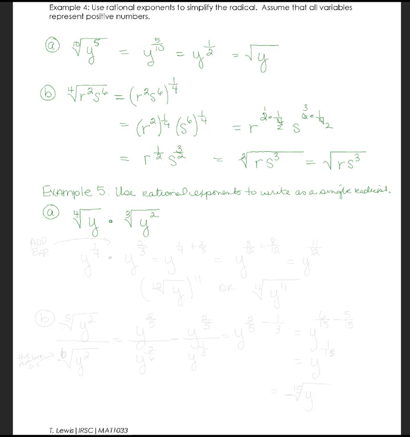How would you write the 4th root of y as a rational exponent? Y to the 1/4, times the cube root of y squared. Remember that the index is the denominator of the fraction. So you're saying y to the 2/3.